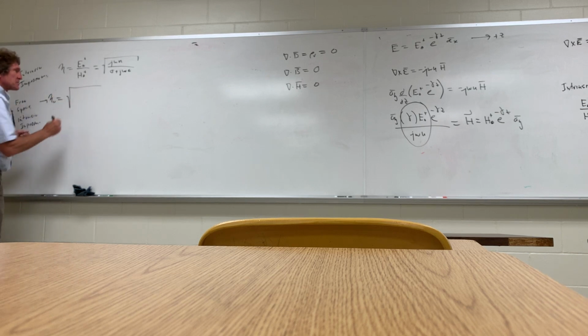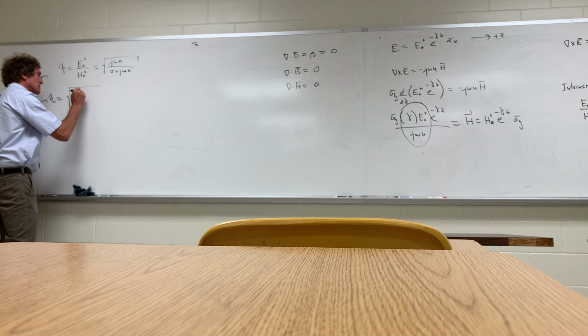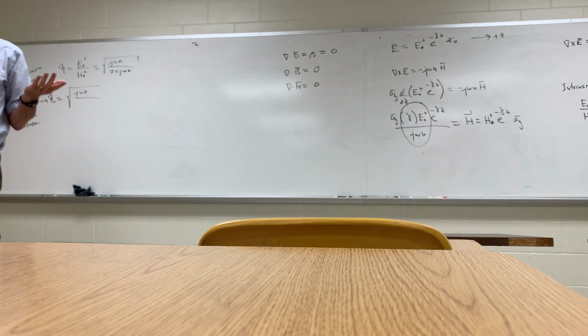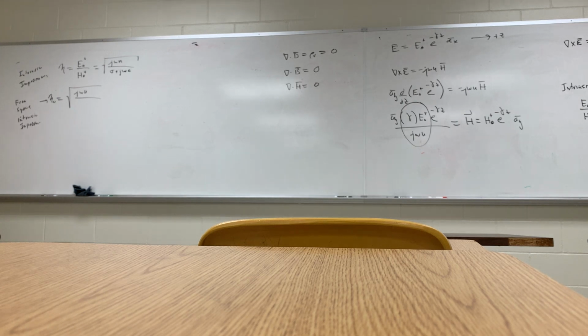Now, if it's free space, I would have J omega mu. Mu still exists, but what's sigma in free space? We're in a vacuum. Take a guess. 0, right? There's no current possibly conducted in a vacuum. Do you all follow me? If there's no charge density, no current can flow.